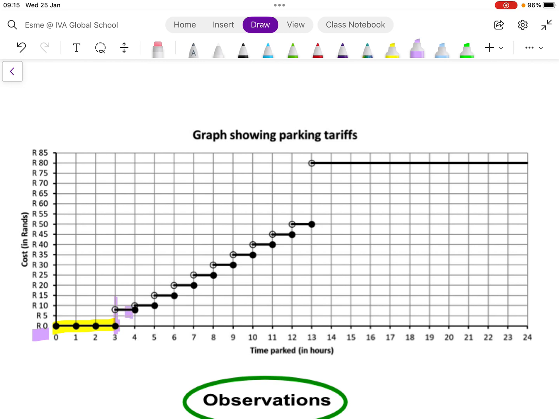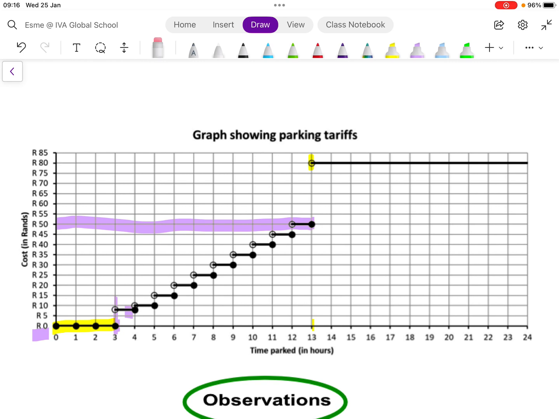And this you can see goes up at a constant rate of 5 Rand an hour until we hit 13 hours. So for 13 hours, I am still going to pay 50 Rand. Thereafter, 13 hours and 1 minute or 1 second, I pay the new tariff, which is going to be 80 Rand. So 13 and a smidgen past 13, you're going to pay 80 Rand.